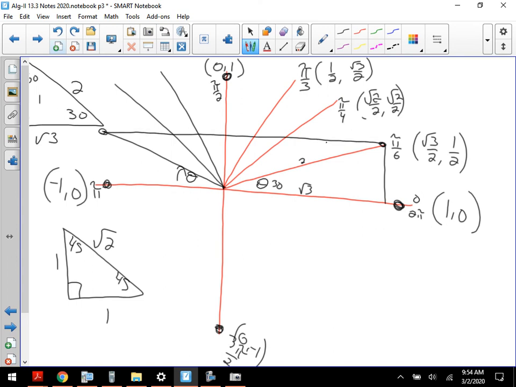When it switches over to there, what sign changes? The x coordinate. So what's your cosine at 5 pi over 6? Yep. At 5 pi over 6, it's negative root 3 over 2, comma 1/2. What's going to happen at 7 pi over 6? They both become negative, don't they?